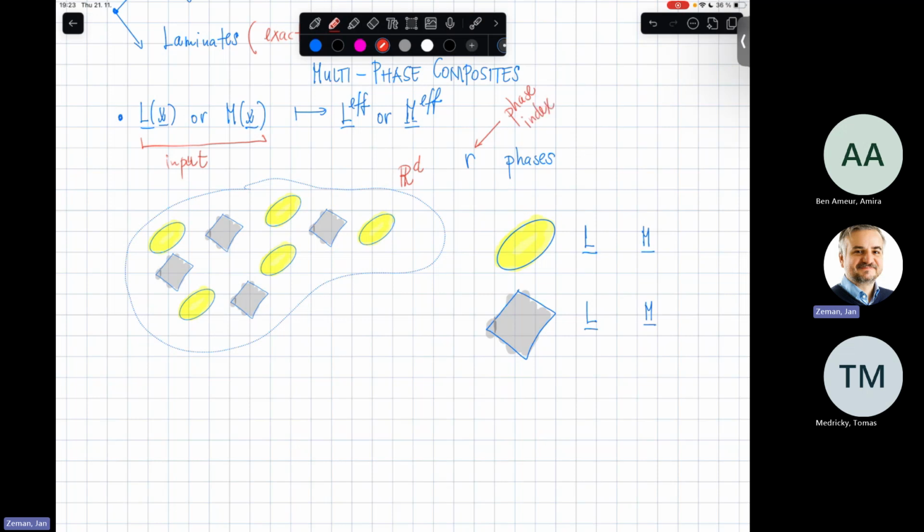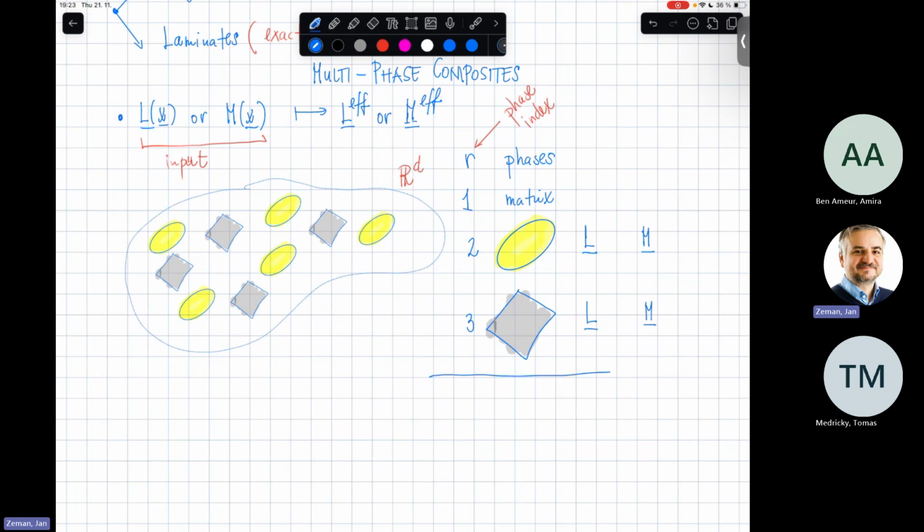For this particular class of materials, R equal to 1 will always be the matrix, the thing I get from my infinite domain if I take all the remaining phases out. And this is just 2 and 3 for this particular case.